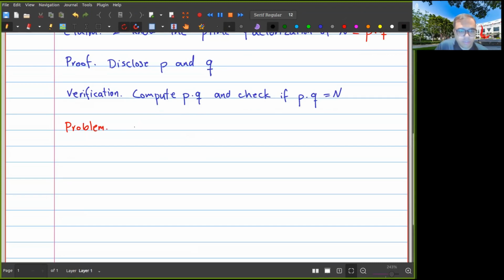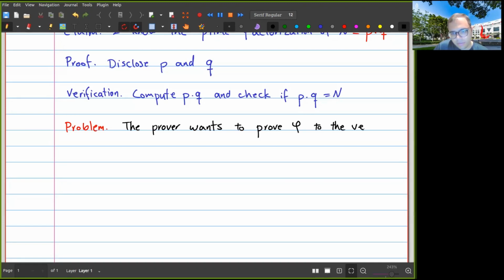So let's say, again, we have two different people. We have a prover and a verifier. The prover wants to prove something to the verifier. So wants to prove some statement, some mathematical statement. Let's call it phi, to the verifier. But the really important point for the prover is that they want to make sure the verifier doesn't get any extra information.